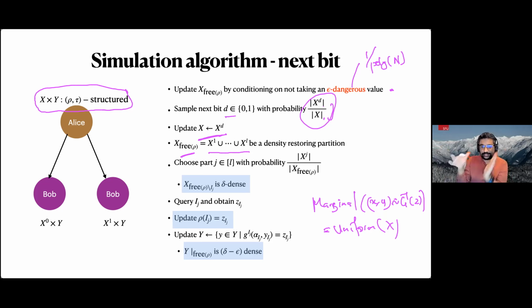We want to query some parts of X and restore density on the other parts. To choose these parts, we use the same probability, because we are going with uniform on X. Uniform X free would have gone into Xj with probability cardinality Xj over X free, right?